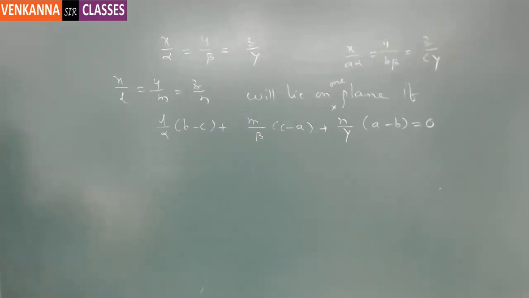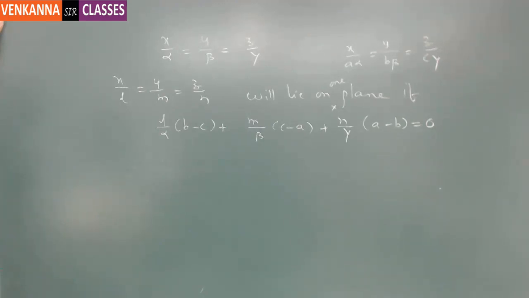Right. Now here in the problem we got three lines. All three lines are given in symmetric form. X by alpha is equal to y by beta is equal to z by gamma, one line. Similarly, the other two lines are given.